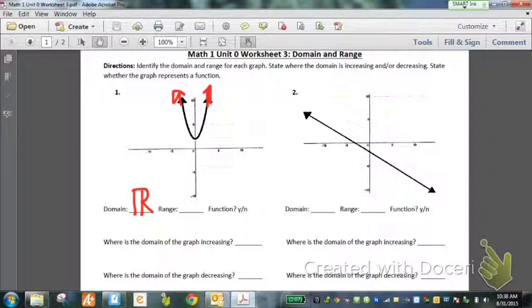Then Jen said something really interesting. She said, but it's above 0 right here, right? Is that the domain or the range? That's the range because it means going up and down. So your range is your y values, so we would say y. And it is touching, I would say, at 1. Is there a point actually on 1?